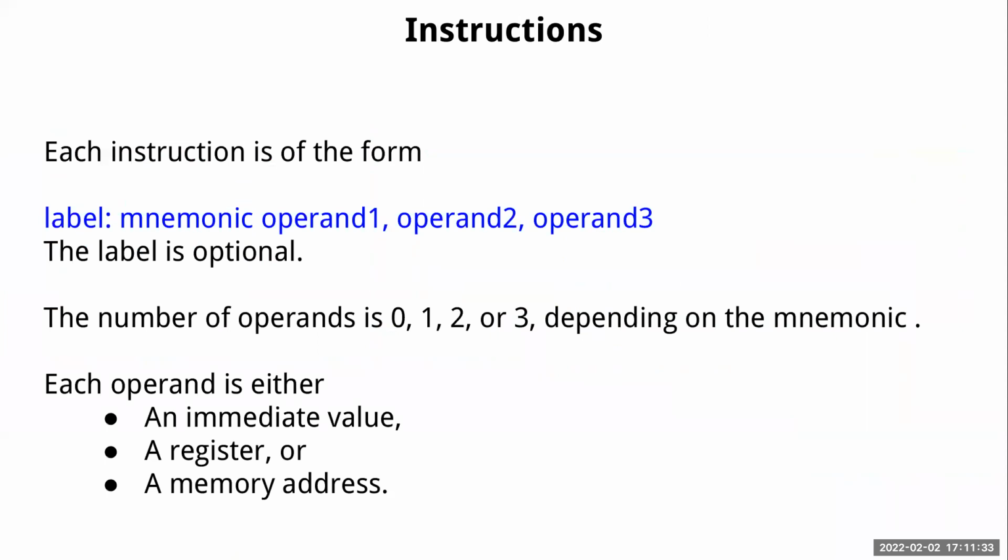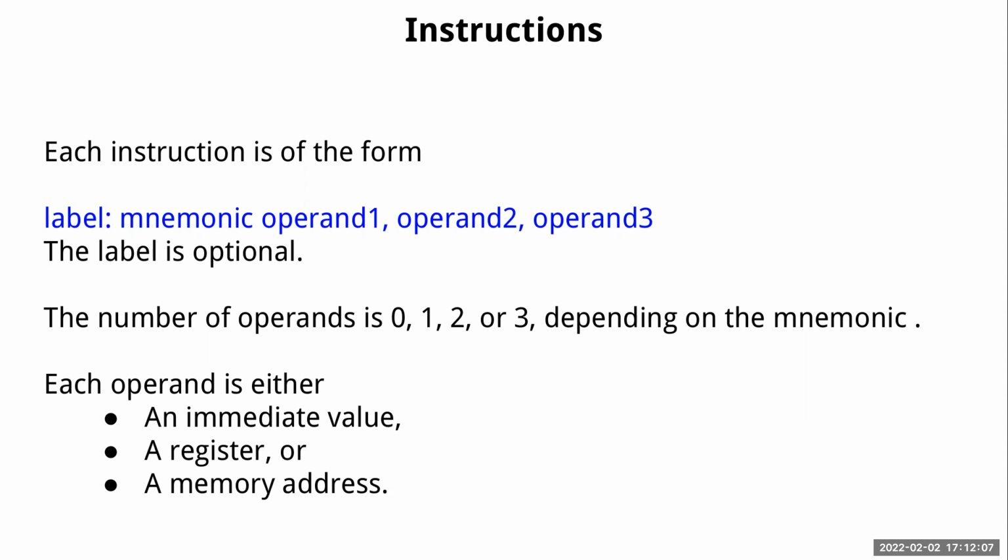We're not going to use them a lot. So all the instructions on this platform look like this. There is an optional label and colon, then a mnemonic, basically the name of the instruction. Then there could be several arguments, up to 3 arguments. At the binary level, we call those arguments operands.